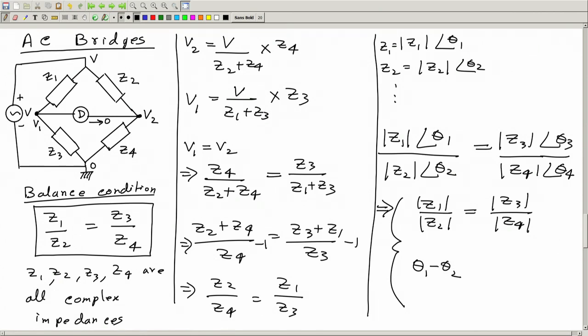So, the angle will be theta 1 minus theta 2. This will be the same as theta 3 minus theta 4, okay, or you can write this equivalently as theta 1 plus theta 4 is the same as theta 3 plus theta 2.